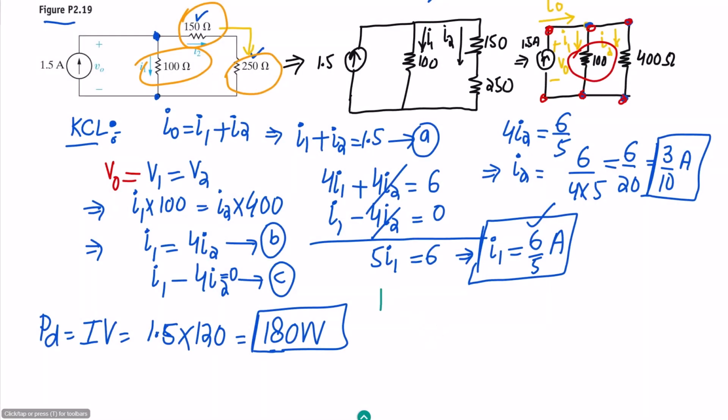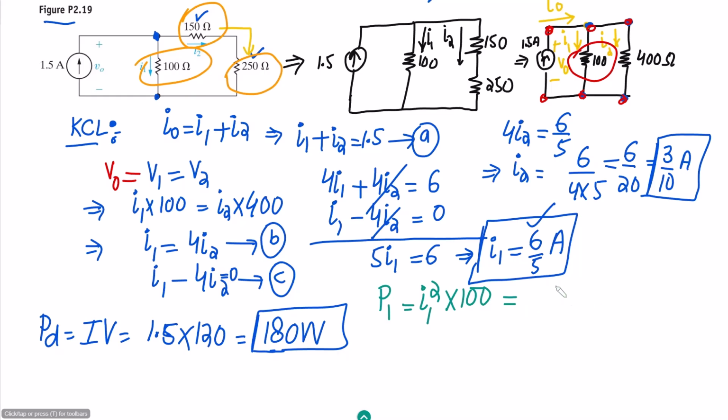The power which is dissipated across this one, for it we have the formula I square R or V square divided by R. We can use any one of them because the value of the voltage and current both are known, but as the current is already known and it is feasible for us to use the similar formula here, here and here, so let me use this one here. So I1 square into 100.